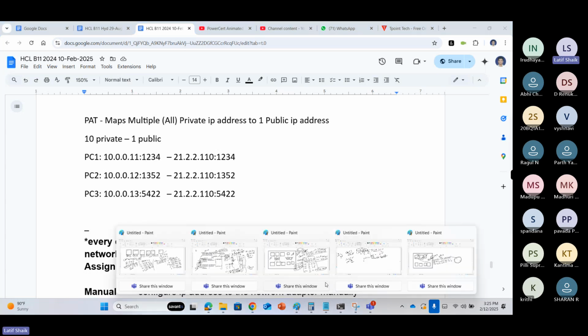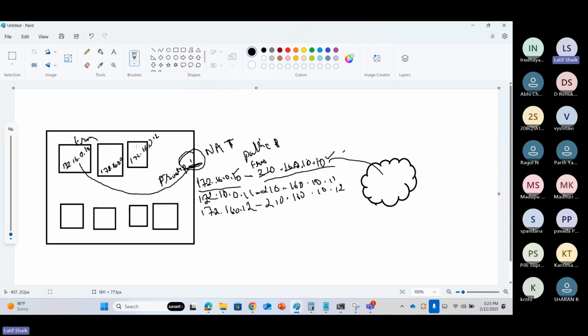The challenge is this: I have so many private IP addresses that want to communicate outside, but NAT maps one to one. It maps your private to public, one-to-one mapping. It means if you have 10 devices that need to communicate outside, you need 10 public IP addresses. That is our mapping.